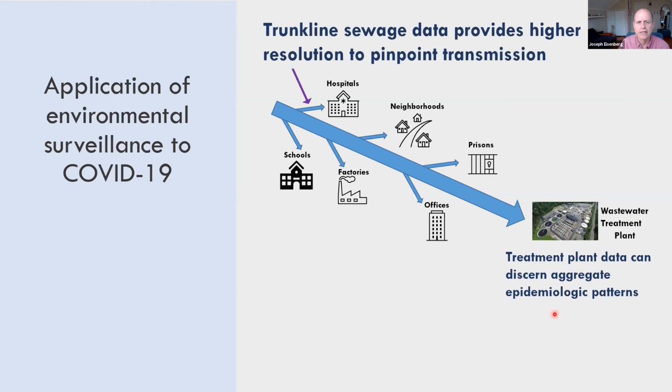And we could also increase our resolution by collecting samples of sewage at trunk lines of the sewage network in order to pinpoint potentially where we might be seeing clusters of cases.